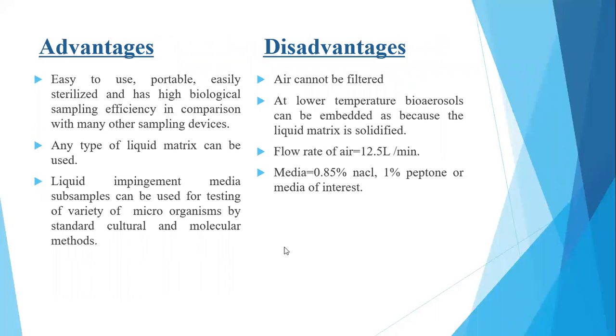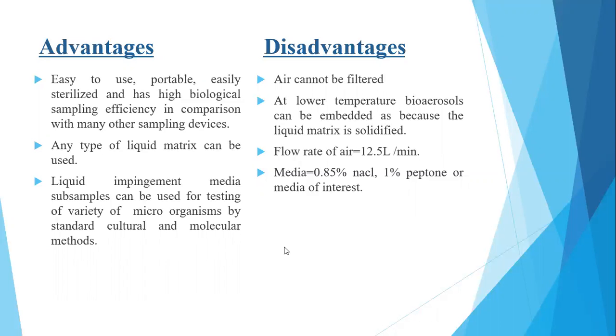The advantages: easy to use, easily sterilized, and high biological sampling efficiency in comparison with other sampling devices. Any type of liquid can be used. Liquid impingement media subsamples can be used for testing a variety of microorganisms by standard culturing and molecular methods.